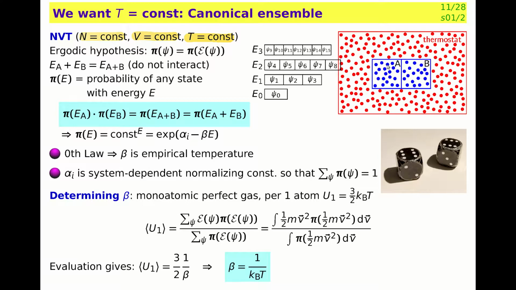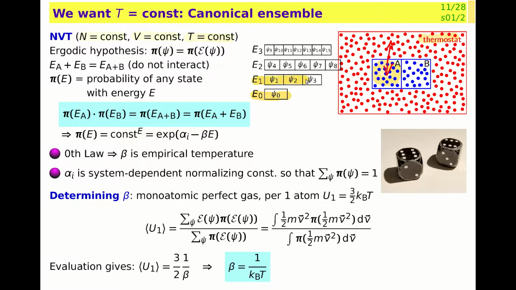It means that such a system, let us say the system A here, is in a thermostat, which has a certain temperature, and it doesn't fluctuate because the thermostat is supposed to be infinitely large. If we have a system in a thermostat, it means that heat can flow from the system to the thermostat and back. It means that the energy of every canonical system fluctuates. It can be in the ground state, maybe 1.